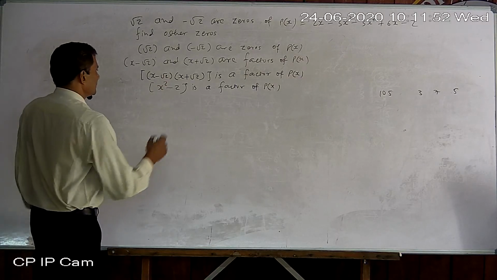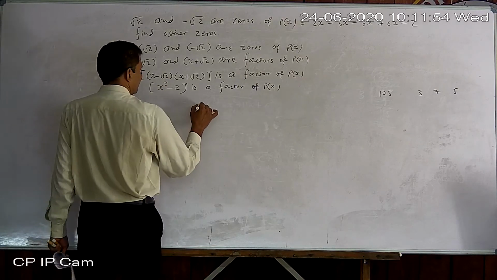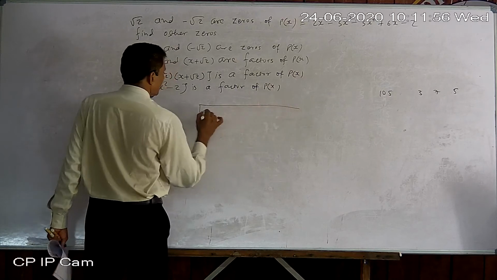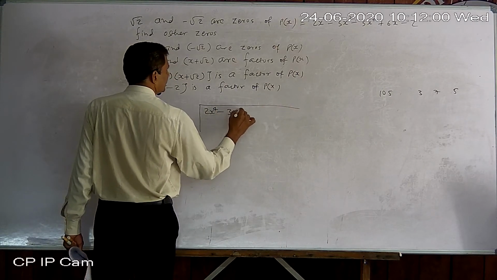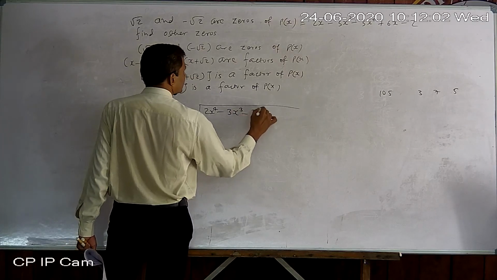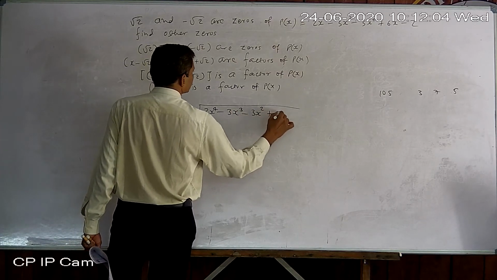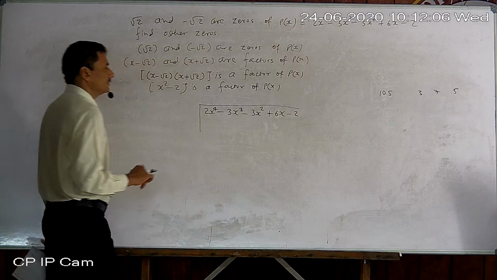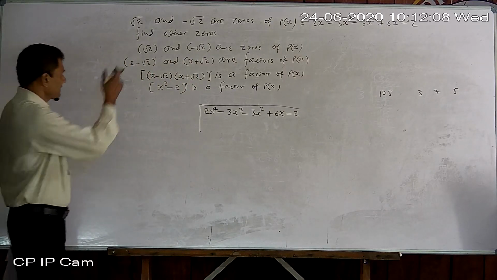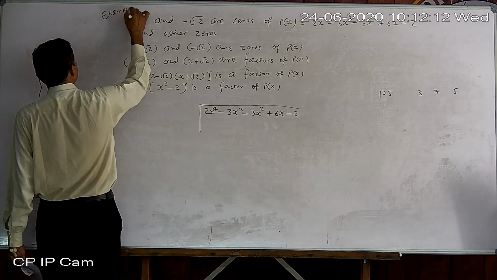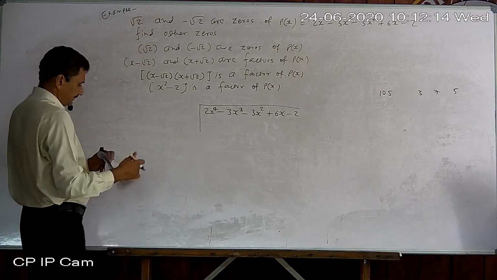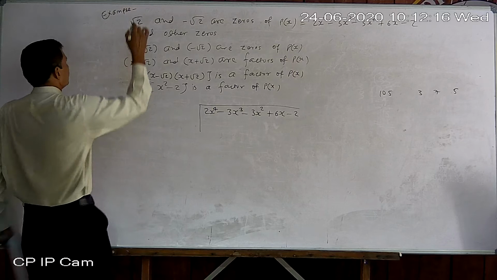So the given polynomial is 2x4 minus 3x cube minus 3x square plus 6x minus 2. Okay, that is our example number 9.